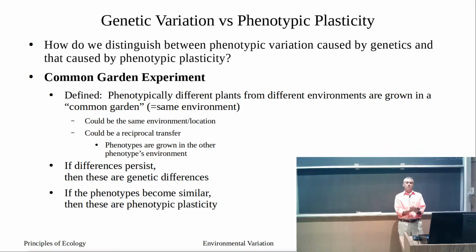All right? So we could take them from two different environments, put them in a neutral, or we could do something called a reciprocal transfer study, where you take individuals from one habitat, put them into the opposite habitat, and vice versa. All right? So you take them there and you just grow them in the other's habitat, and you see the changes. All right?